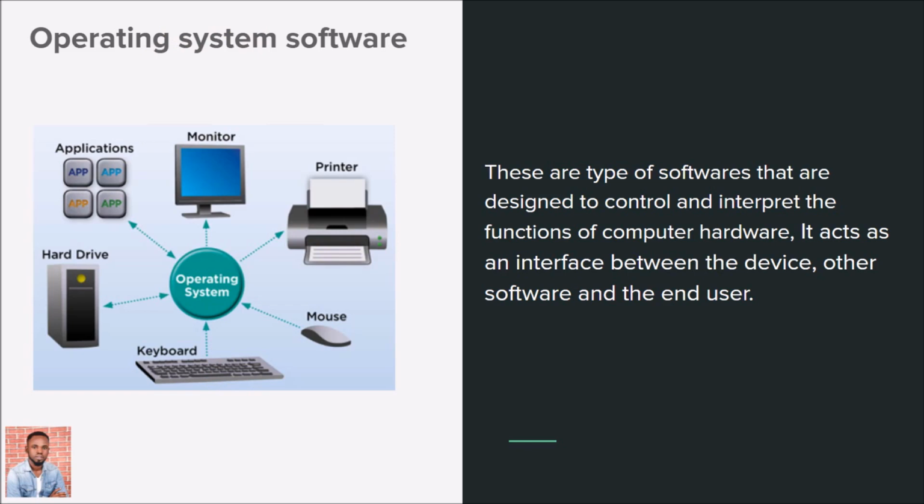What this means is that before you can interact with the system, you must have an operating system running on it. Before you can understand the function of the mouse, or the keyboard, or what the computer hardware is capable of, you need an operating system software to run inside of it.